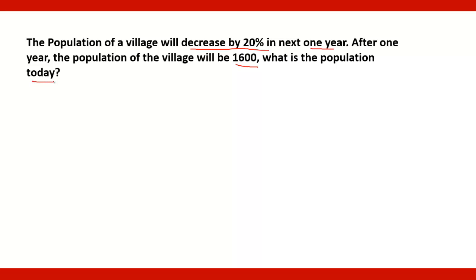Friends, here we are doing these questions without using any formula. Here is a trick. So first let us assume that the population is 100. We take it 100 because taking the percentage of 100 is very easy.